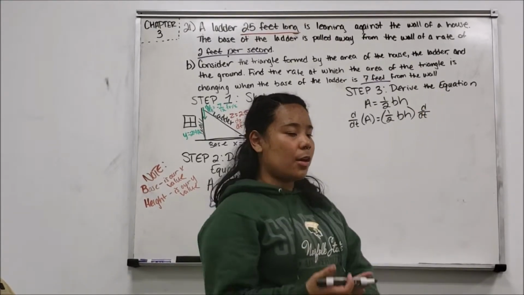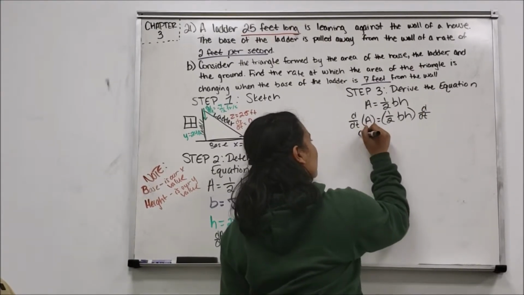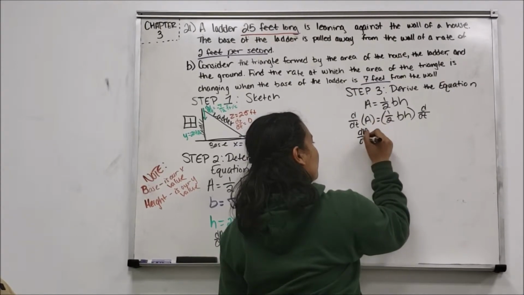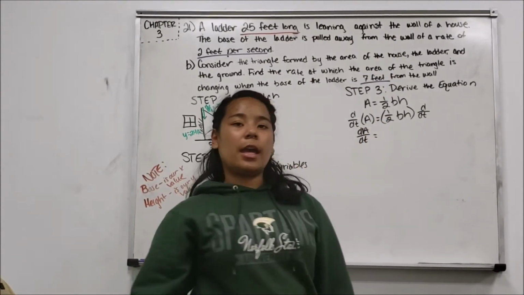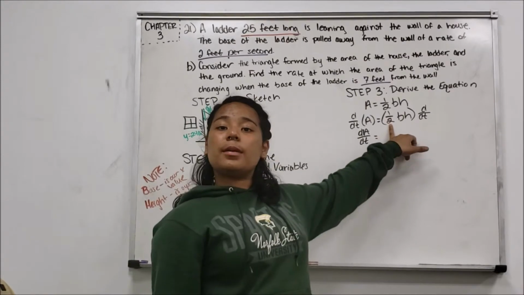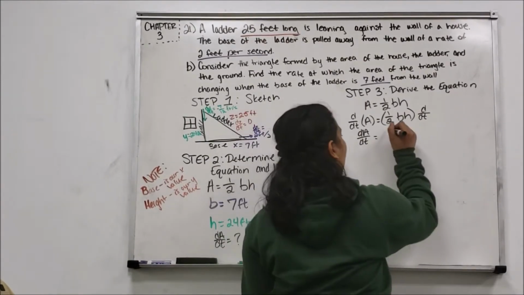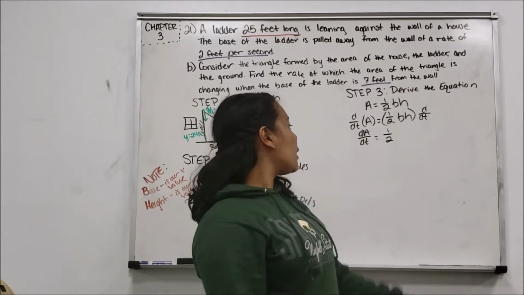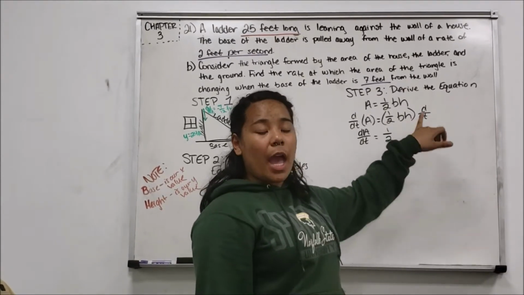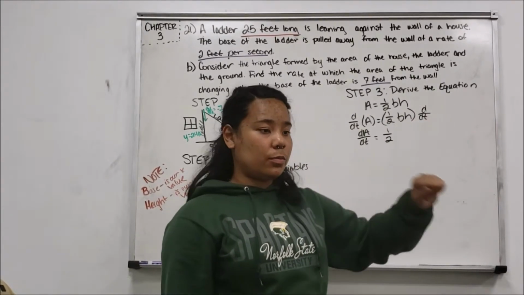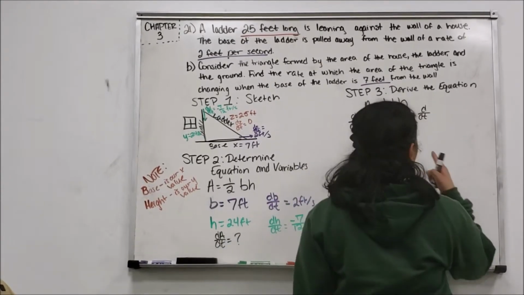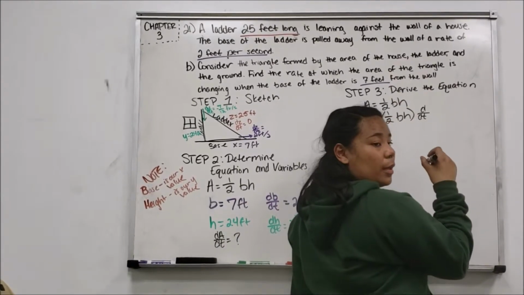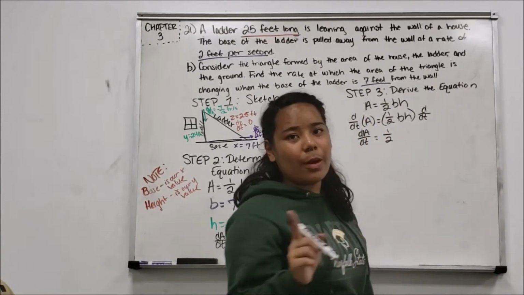So for this one, we're going to have dA over dt equals, and we keep the 1/2 on the outside because it's basically a constant. Then we take this portion right here and use the product rule, not chain rule, my bad.